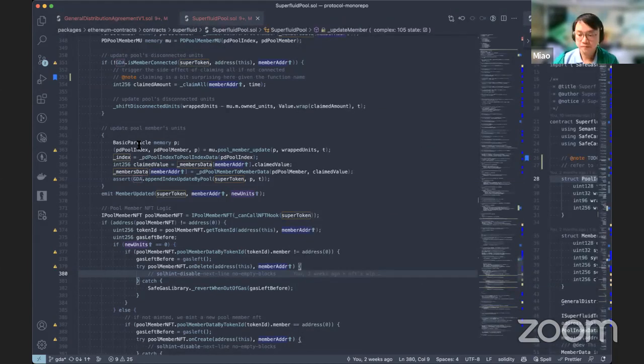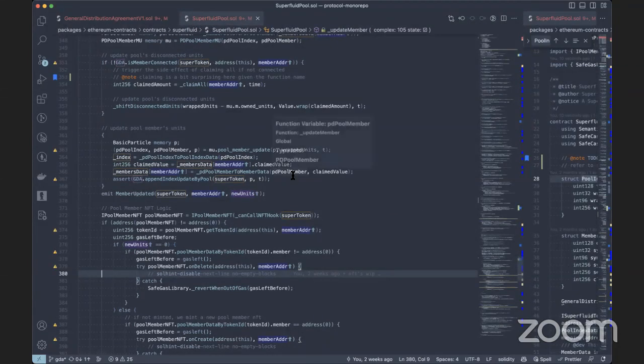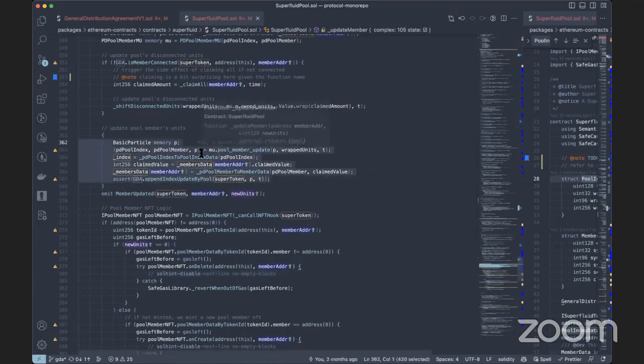Yeah, this basically updates members' data in storage in the pool and also the index data in the pool. And we also call this function in the GDA.